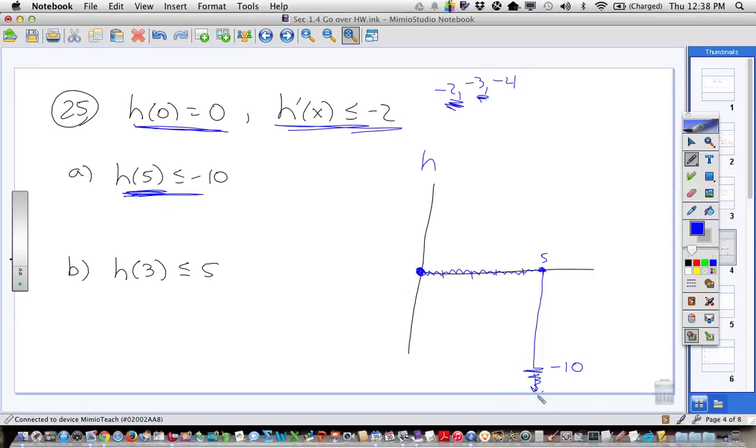Some words like that, written out in conjunction with that graph, to me is how you explain it. Okay? I think it's really hard without some words, and I think it's really hard without the graph to fully answer that question. So, if that was worth 2 or 3 points for the explanation, you better have all that stuff if you want the full points there.